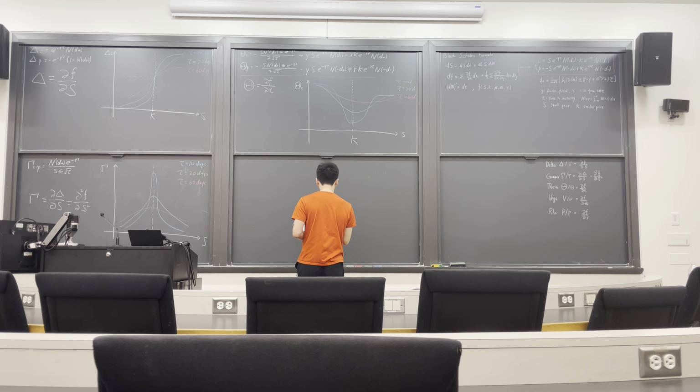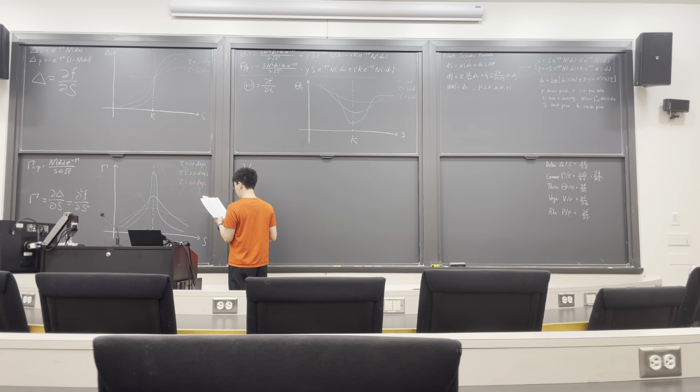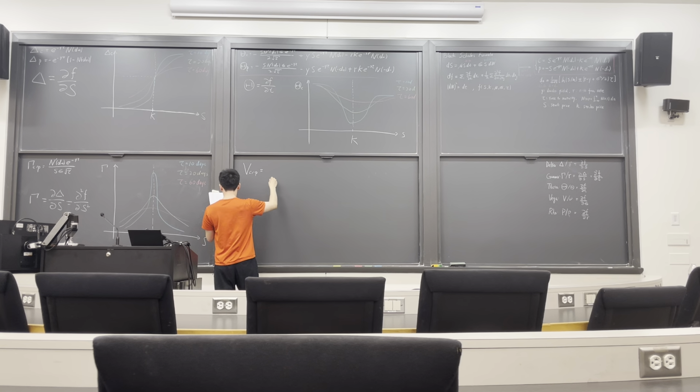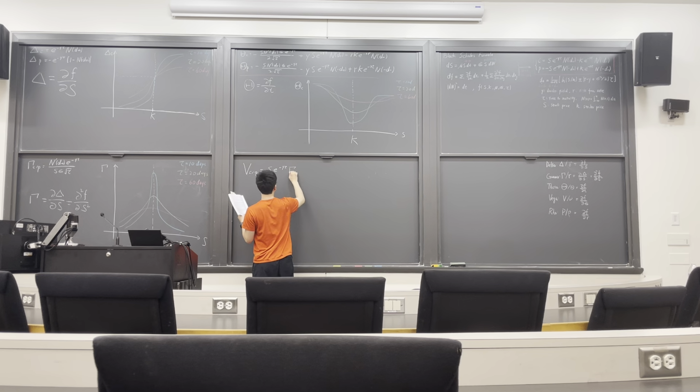And now it's Vega. Vega call and put: S e to the negative y tau square root tau D1.